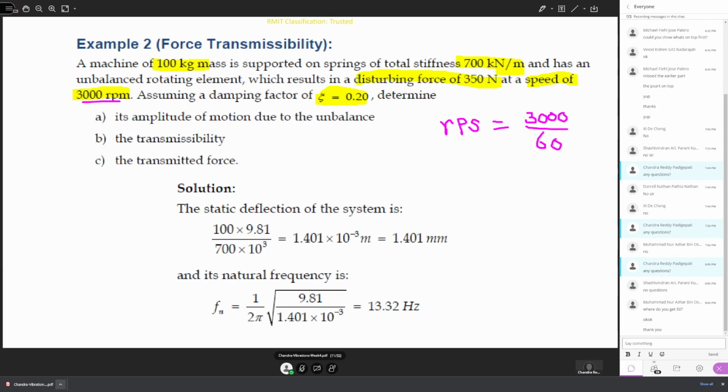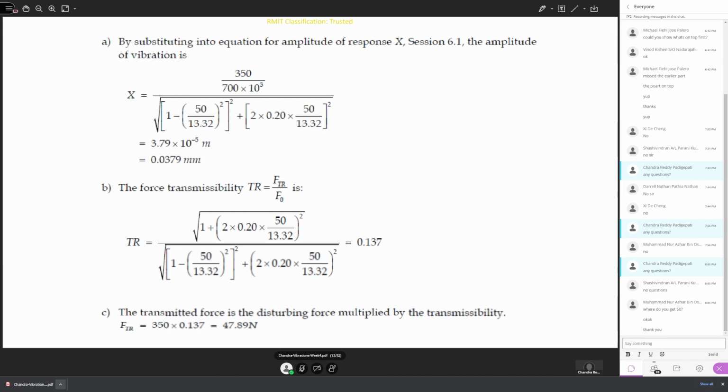This is per second, therefore you will get only frequency. So this is all right. Any other questions, guys?